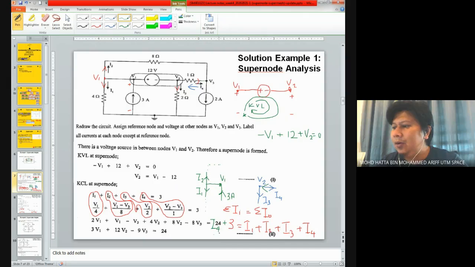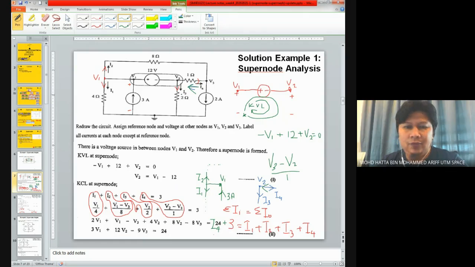And I4, if you write it down in terms of voltages, will be given by V3 minus V2 divided by 1. Because the current is in that direction, you see that V3 should minus V2, divided by 1.